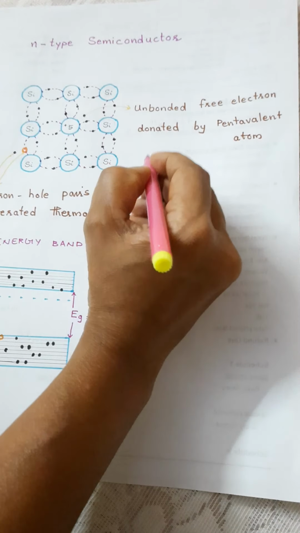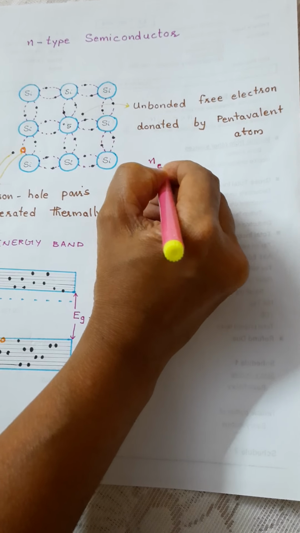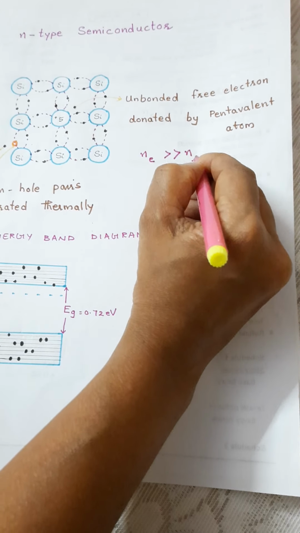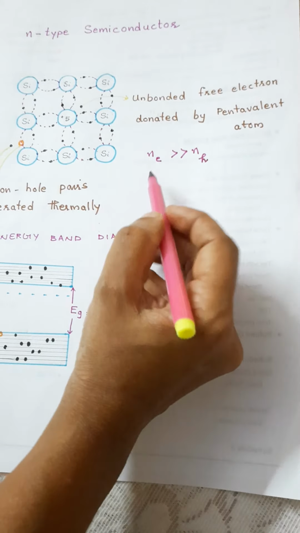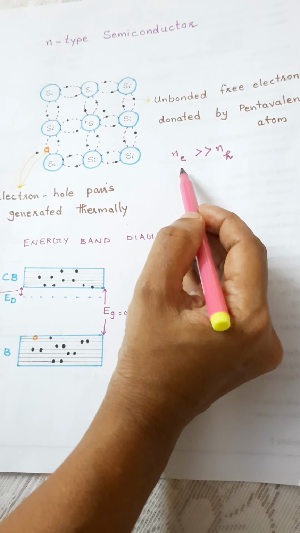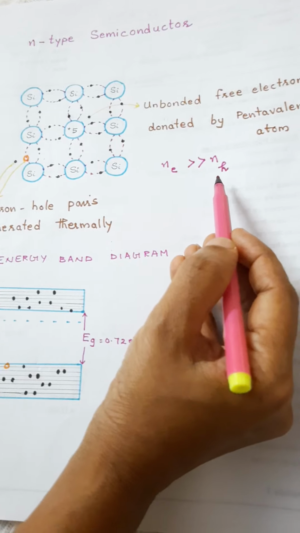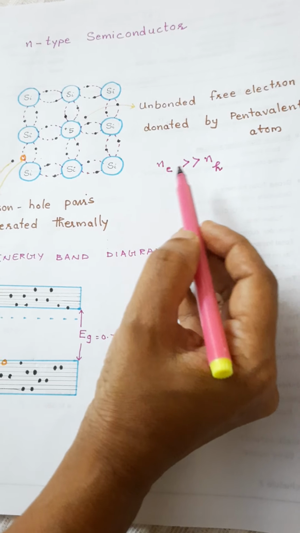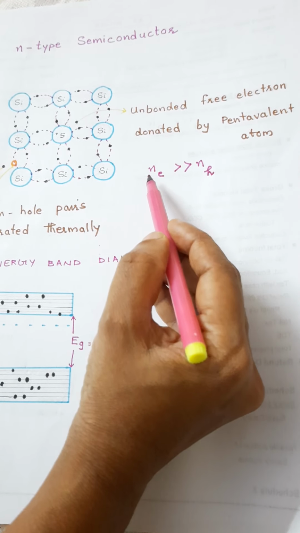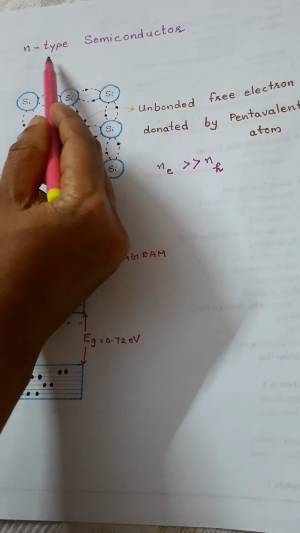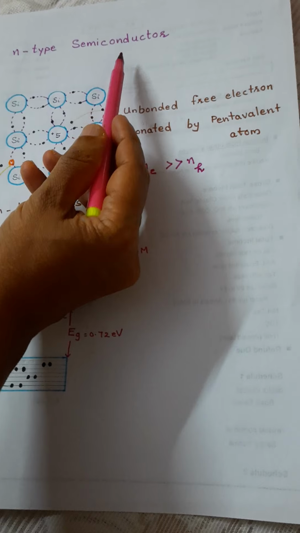Or the number of electrons, Ne, is very much greater than the number of holes. Electrons are the majority carriers and holes are the minority carriers. And since electrons are negative charge and they are the majority carriers, the semiconductor is known as N-type semiconductor.